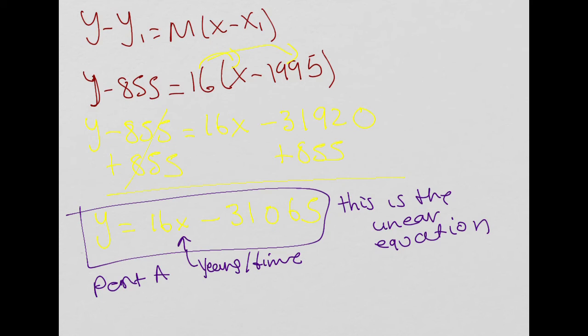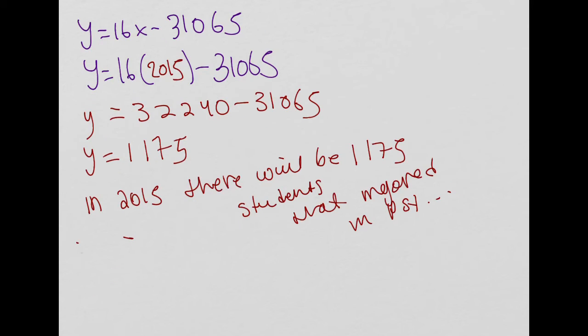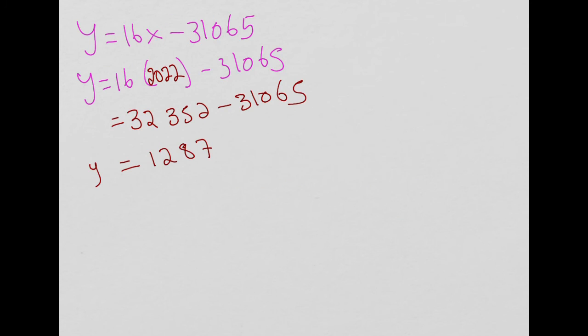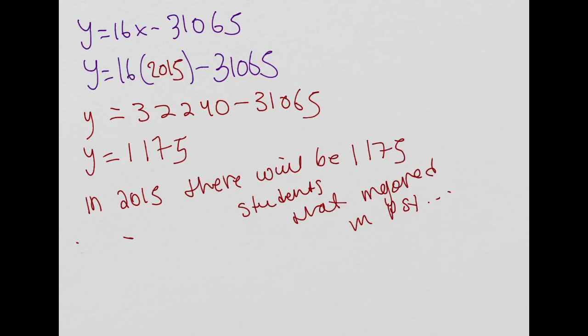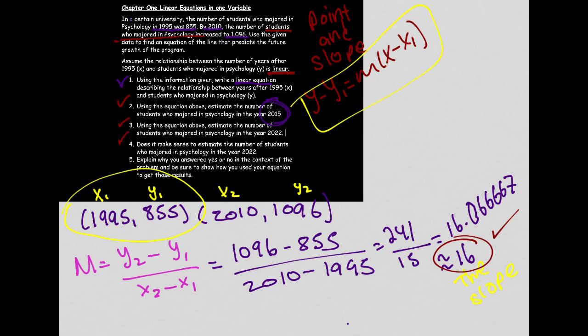Then by the year 2015, so that's 20 years later, it grew a little bit more. And then by the year 2022, it grew a little bit more as well. So yes, it does make sense the way the linear equation is increasing based on the positive slope that we have. Continues to increase at a pace.